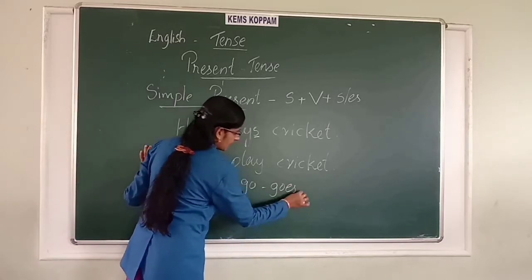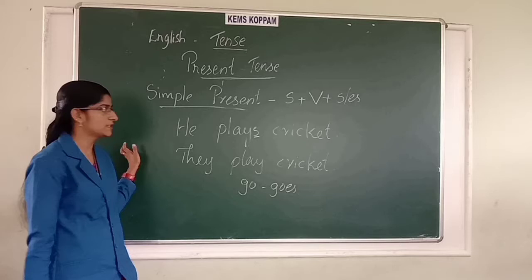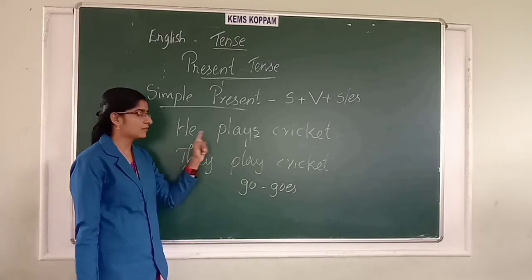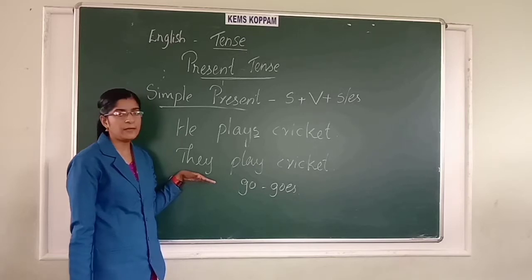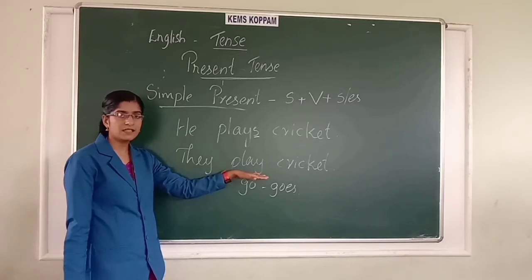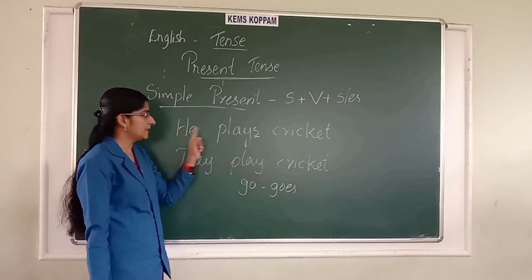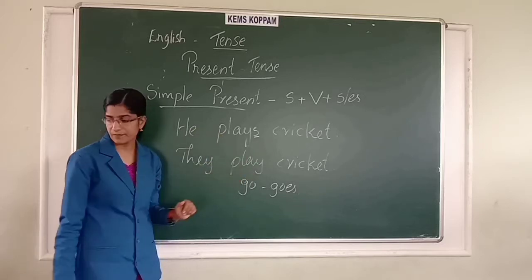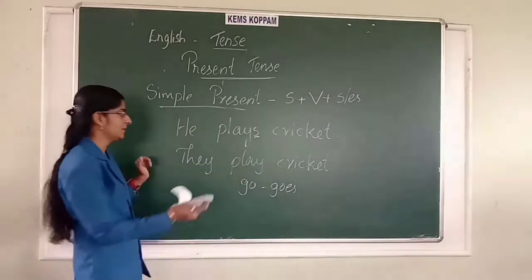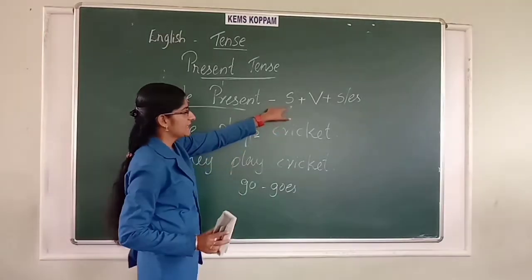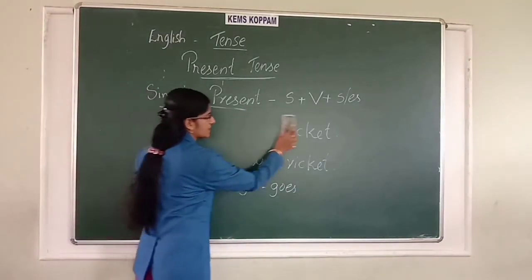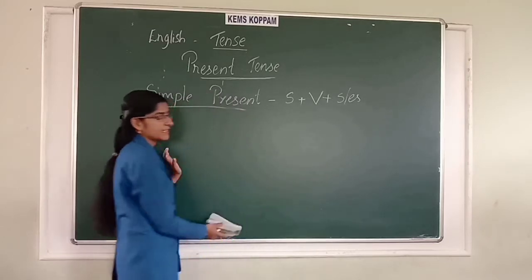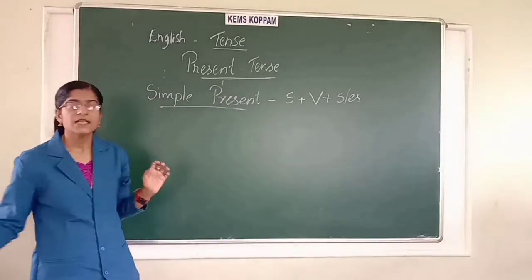Goes. Understood? So, he plays cricket. They play cricket. Clear? So, this is the sentence structure in simple present: subject plus verb plus S or ES.